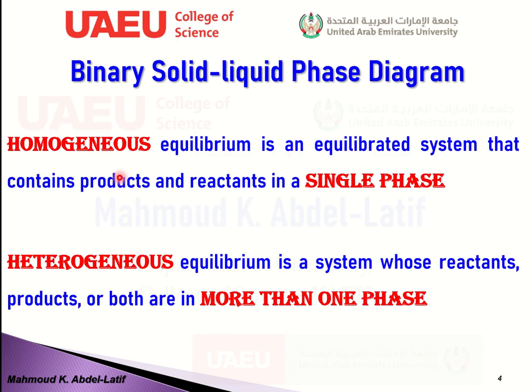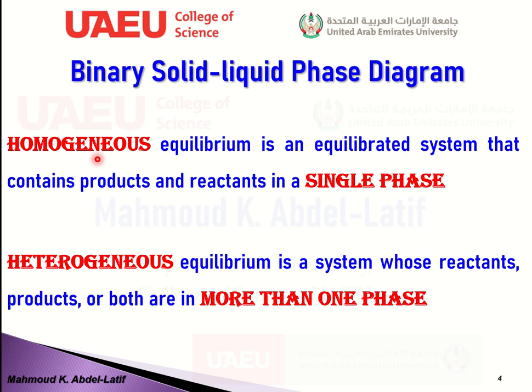Okay, homogeneous equilibrium, from its name, we are talking about solution formation. So you need to mix more than one component together and see what comes out. If you have a one phase solution or different phases solutions, it depends.